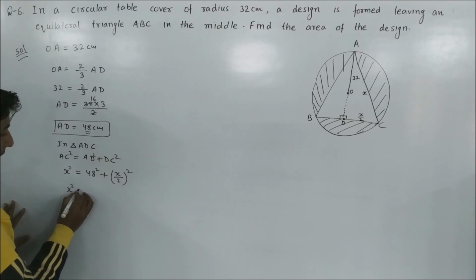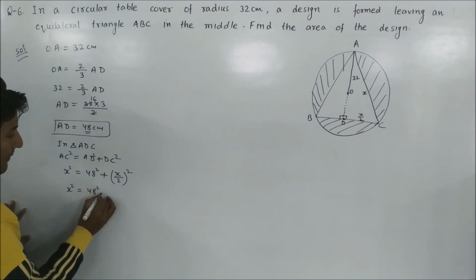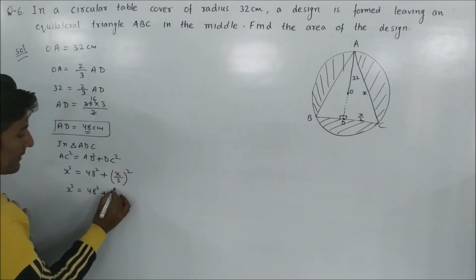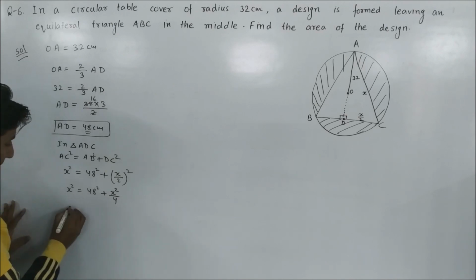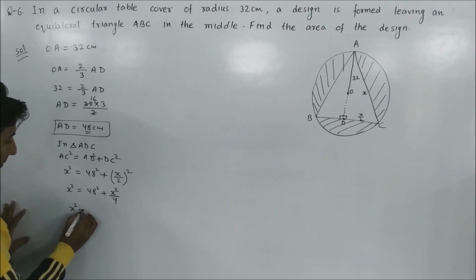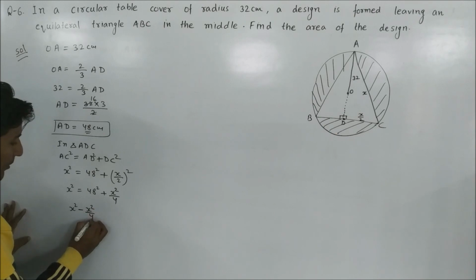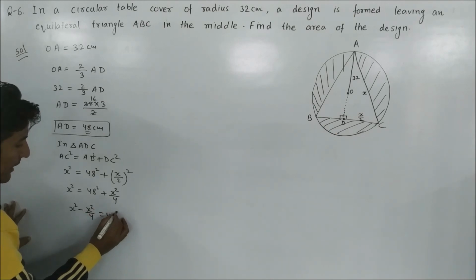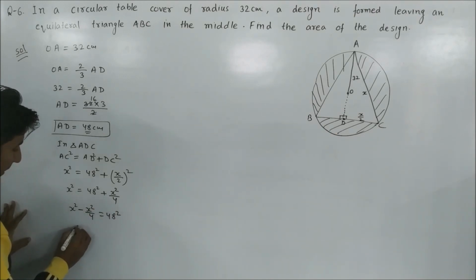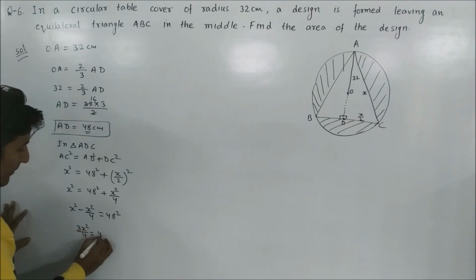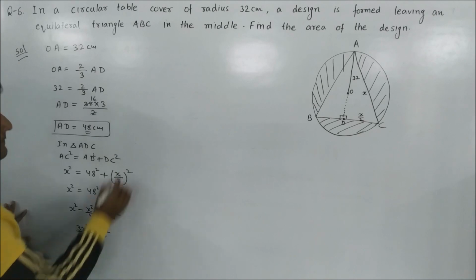So X square is equal to 48 square plus X square upon 4. X square minus X square upon 4 is equal to 48 square, or we can say 3X square upon 4 is equal to 48 square.